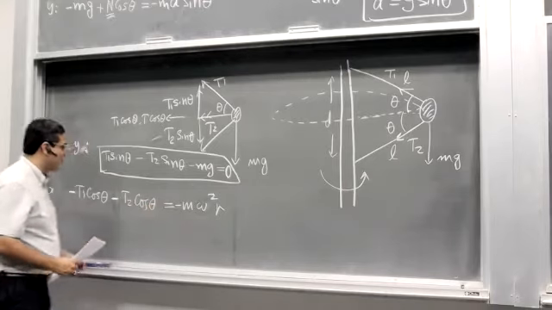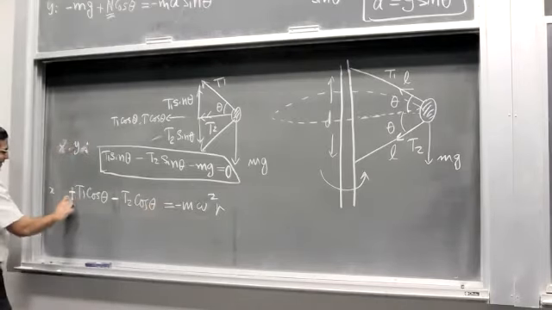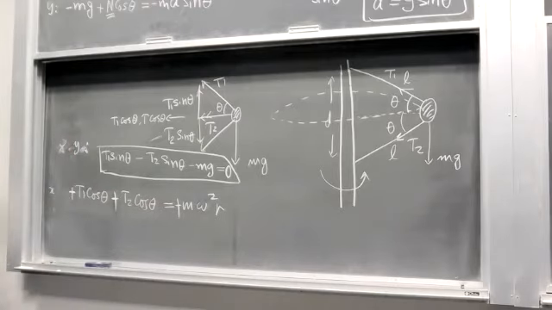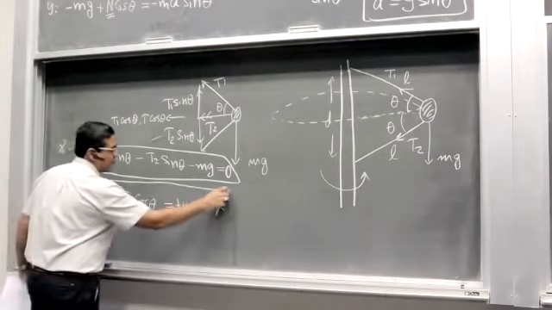So I take the acceleration negative and cancel all the minuses, make them all positive, just to keep the equation simple. So we got two equations now, and we can solve these two equations for T1 and T2.